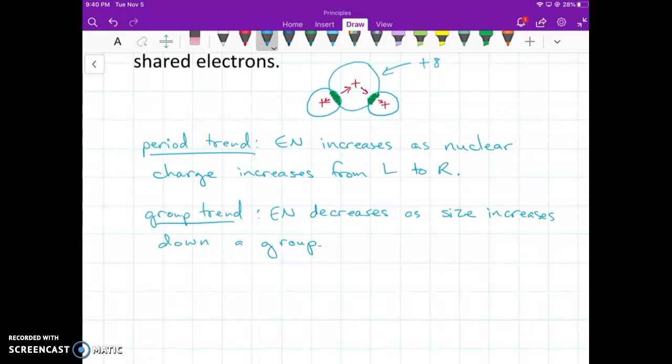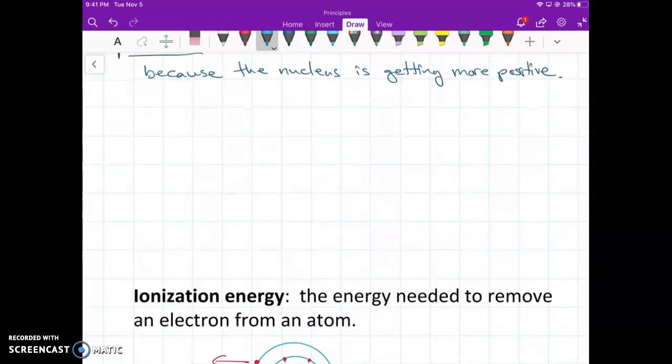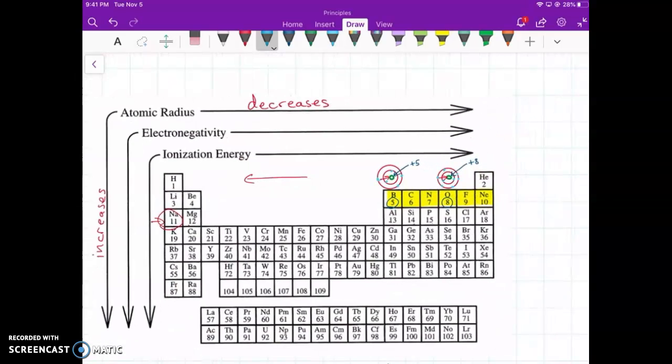So then the last thing that I would leave you with here is, first of all, let's make sure we have all our answers here. Electronegativity is increasing from left to right, and so is ionization energy. And then the opposite is happening here. Decrease, or decreases, on both counts. So atomic radius has the opposite trend of the other two.